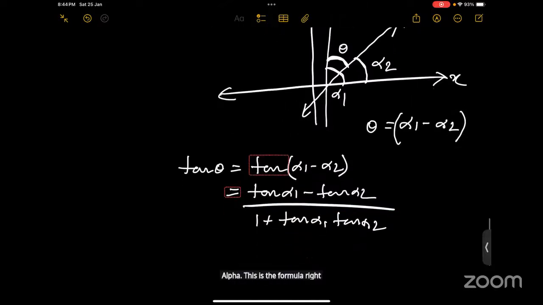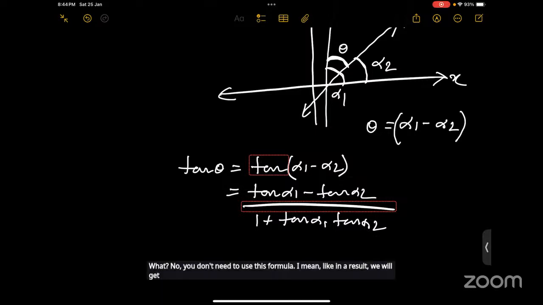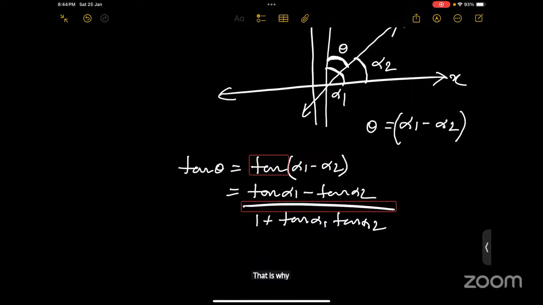Ma'am, where will we use this formula? In which type of question? You don't need to use this formula. In the result, we will get a final formula using the slope, and you have to use that final formula. That is why you need to remember the steps.